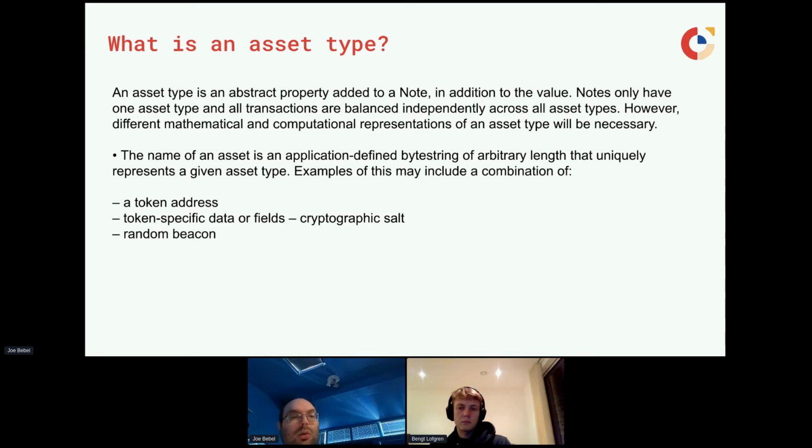Notes should have only one asset type. It's not that we impose this requirement to help us; there's no reason why notes need to have more than one asset type. And we importantly have this rule that all transactions are balanced independently across all asset types, meaning that in a transaction, no matter what asset types are used, an asset should balance by itself.